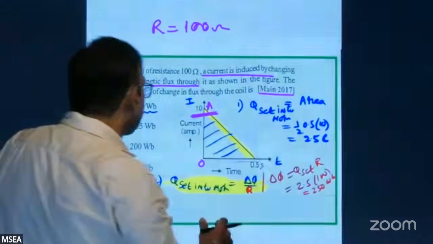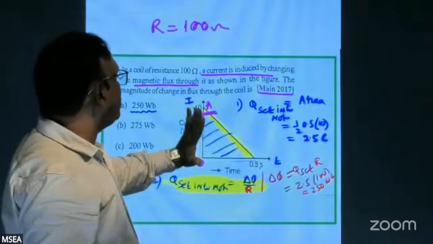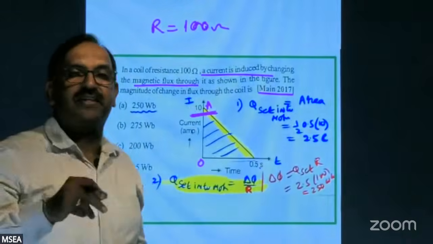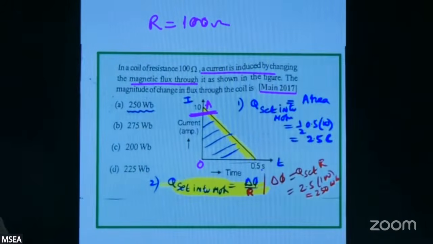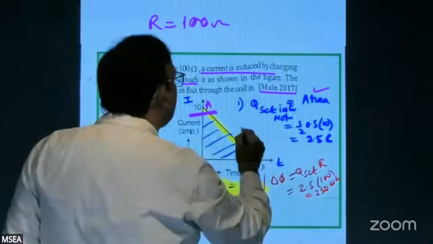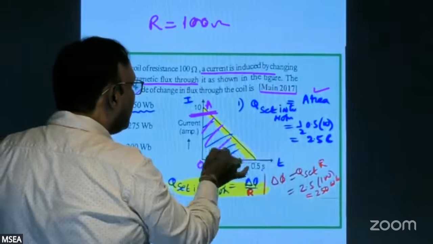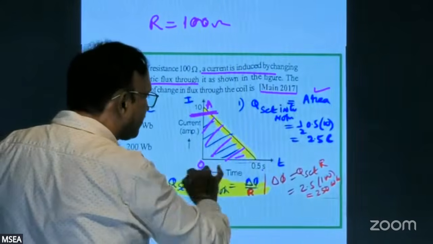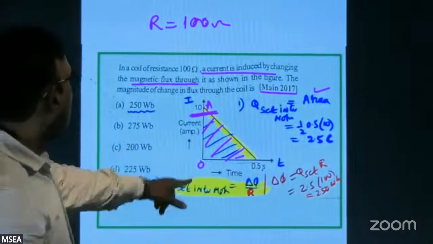Now, coming to the first point, all of you in the class know that whenever a current time graph is given, the area enclosed by the current time graph with respect to the time axis will give you the charge set into motion.